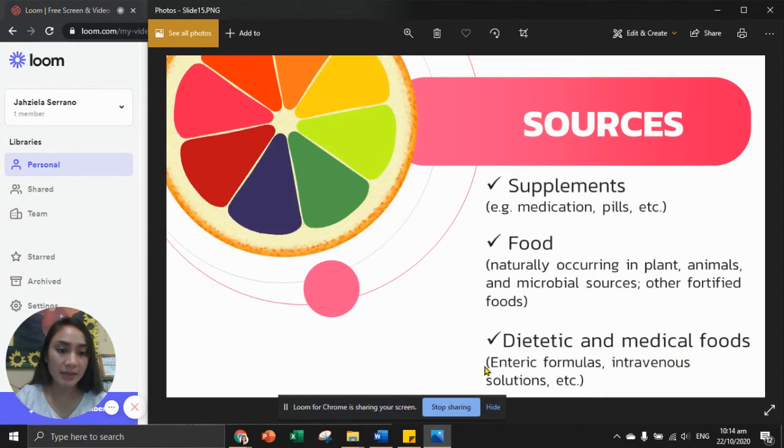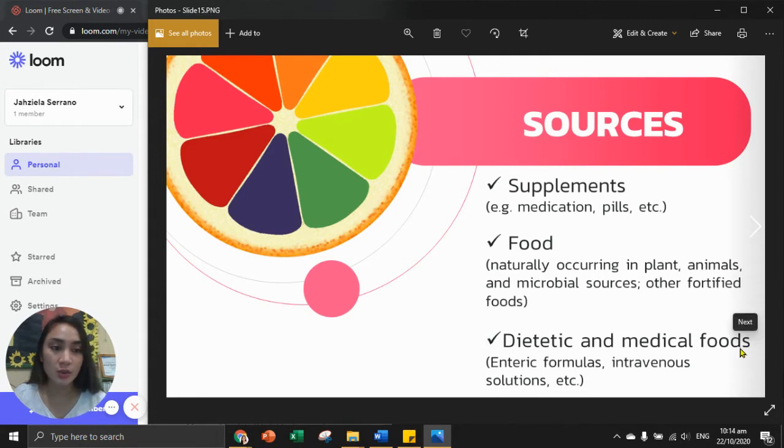So, itong last naman, I'd like to just clarify na these are just given to those who are in need, no? So, if hindi mo naman kailangan ng intravenous, you can get the source from natural food. So, bakit ka pa mag-enteric formula or intravenous, right? Kung pwede mo naman siya makuha sa ibang source.